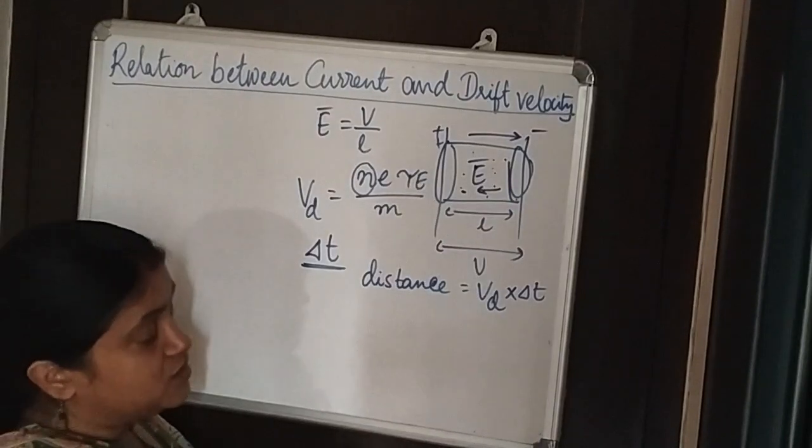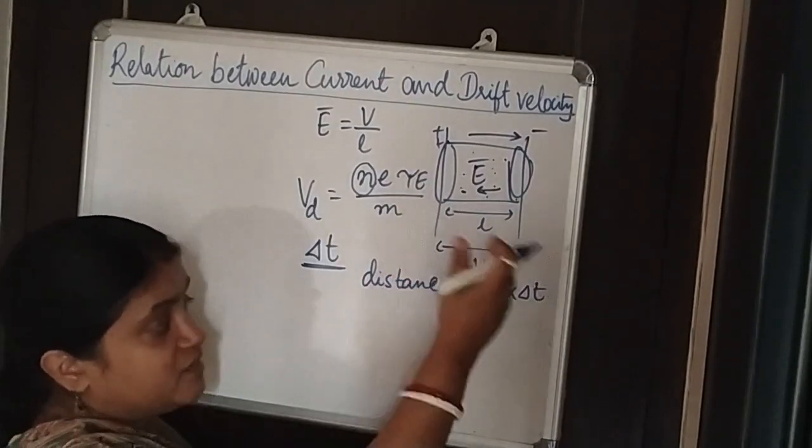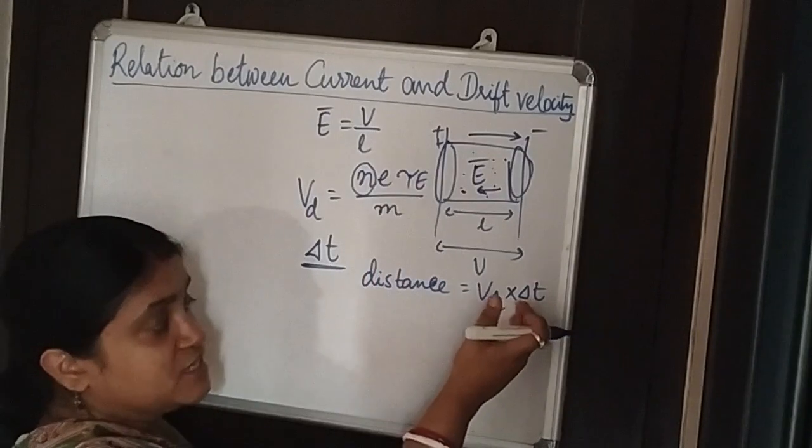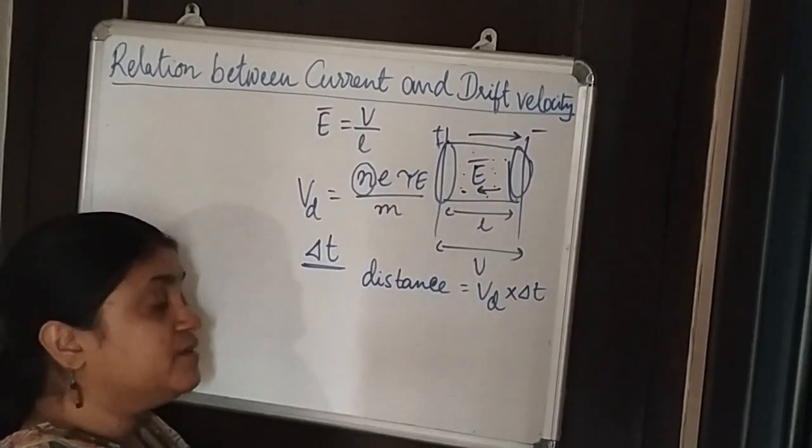Now let me look at the volume that would be covered by these electrons in the time interval del t.